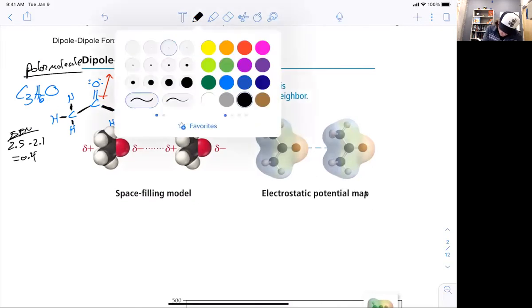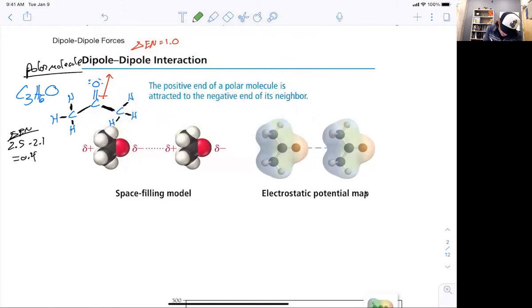Remember, there's two different ways to show a dipole moment, either with that arrow that I've got there, with the plus sign on the more electropositive one pointing towards the more negative one, or you could use delta minus and delta plus. Those mean the same thing. You usually don't see both on the same molecule, and here we're only seeing one at a time.